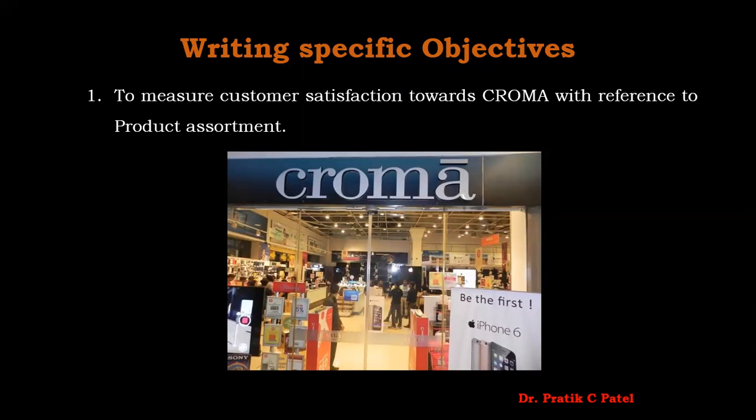So now you are in a position to write your specific objectives. For example, one group of variables is product. So you can write one objective to measure consumer satisfaction towards Chroma with reference to product assortment, under which you will ask 3, 4, 5 research questions based upon the variables which we have identified: product price, quality, variety, and so on.